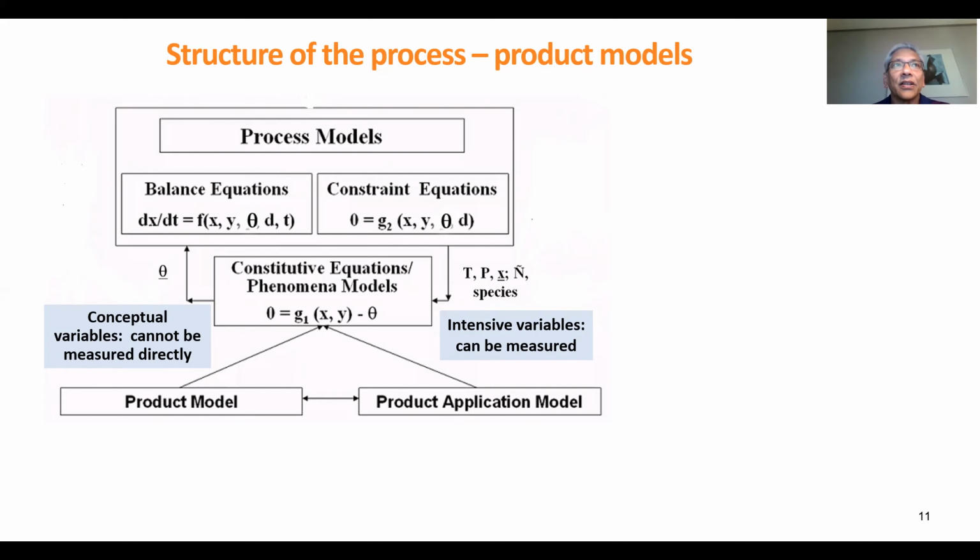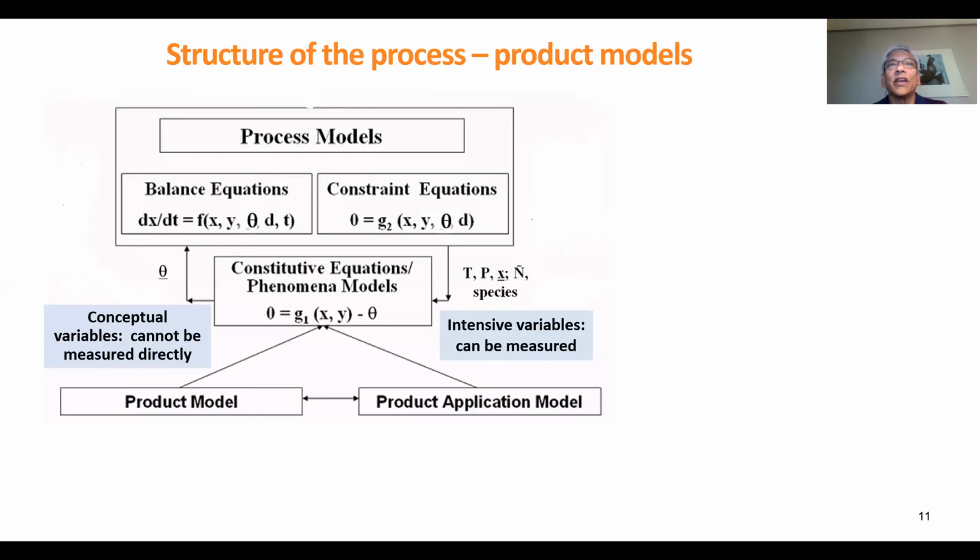The interesting thing is that these conceptual variables, although we can get measured values of them, cannot actually be measured directly. They are measured indirectly. On the other hand, the variables that can be measured directly are called measurable variables or the intensive variables, which are the temperature, pressure, composition, the moles, species ID, and so on.